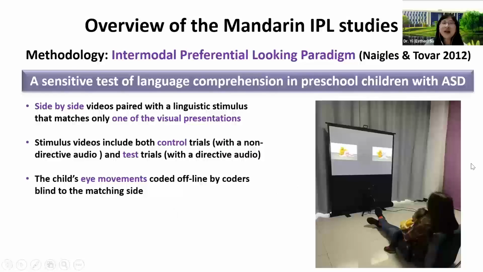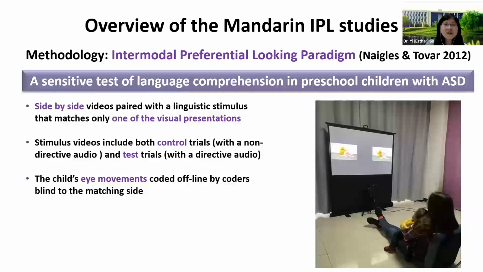So as mentioned, we have used the eye movement measure of the intermodal preferential looking paradigm. This is what has been used in previous English IPL studies, and children watch side-by-side videos paired with linguistic stimulus that matches only one of the visual presentations, and the child's eye movements were coded offline by coders blind to the matching side.